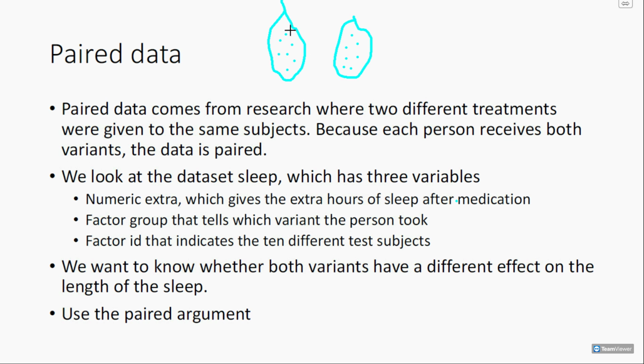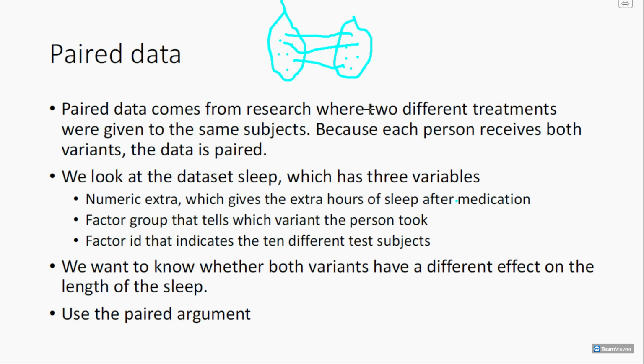But if you're using paired equals true, then you're linking each of these points, and then you're testing the statistical significance of the mean, which may be much more powerful depending on the number of samples you have. Usually whenever we have data for subjects and treatment before and after studies, we use paired equals true.